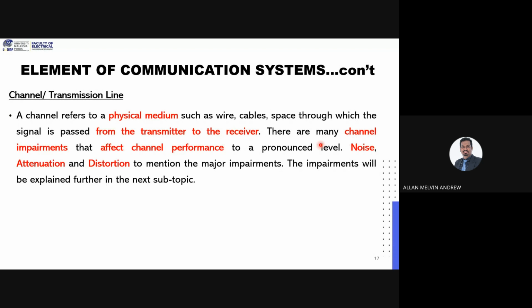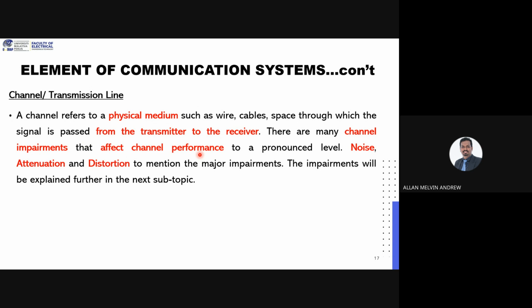Okay, there are many channel impairments. Okay, so we will see this later. Channel impairments means there is some loss of information in between that affects channel performance. Because if you want to place a transmitter antenna and also a receiving antenna, but in between there's a hill or a big building, the transmission might not happen in a good way.